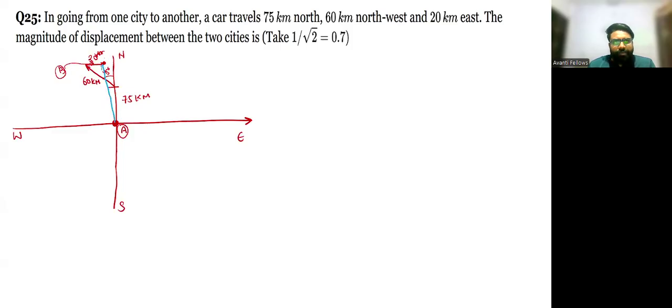Okay, we need to find out this vector. So what we can do here, we can use vector analysis. We will write the displacement vector, let's say delta S, equals delta x i cap plus delta y j cap.